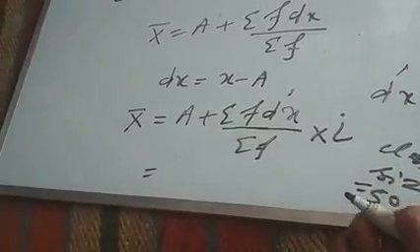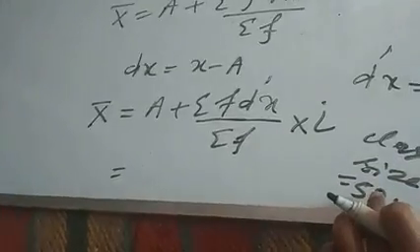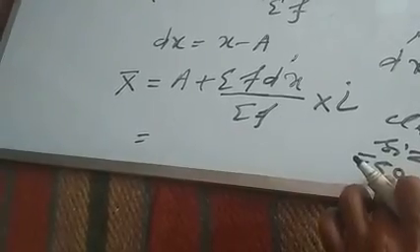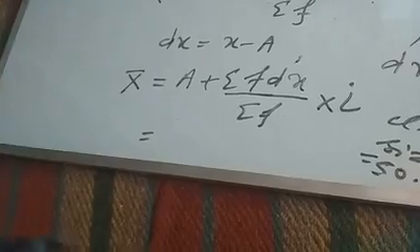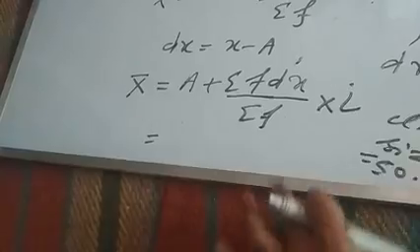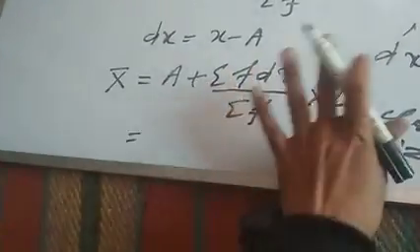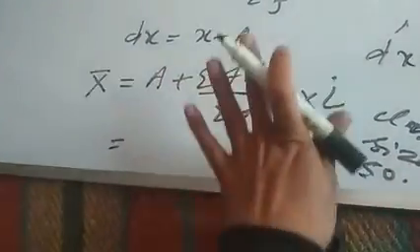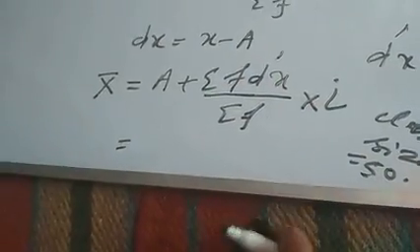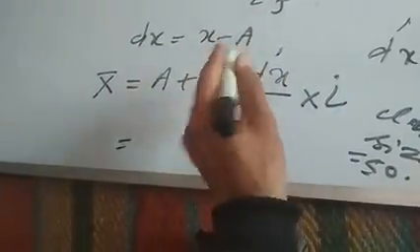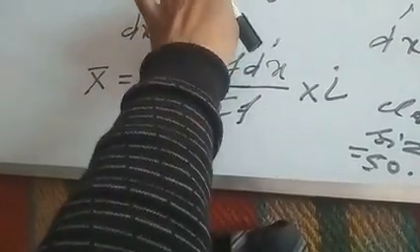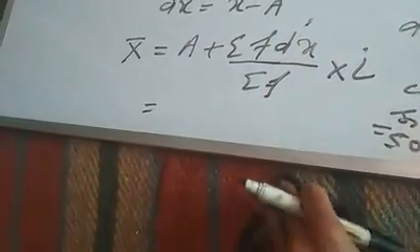So we can divide dx by 50 and get the assumed mean using the step deviation method. And here we are already multiplying it by i, so totally we are not getting much difference, but it will make our calculation easier. So step deviation is nothing different from the shortcut method. It is just a small improvement of the shortcut method.